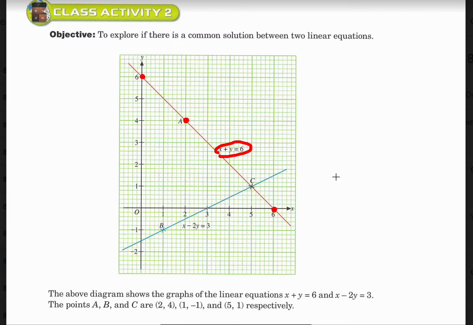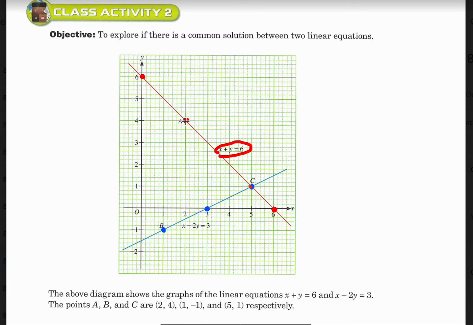Here's another one. For the blue one, we have this point right here, this point right here, and this point right here. Okay? So let's go ahead and check these points.